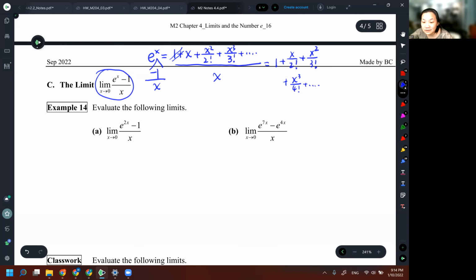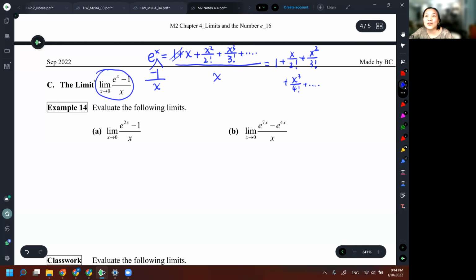And you can see that if I subtract 1 and then divide by x, I will get 1 plus another polynomial. And when I send x to 0, I will have 1 as a constant, and then the rest of the terms all equal 0. Then I have reason to guess that this limit is equal to 1.